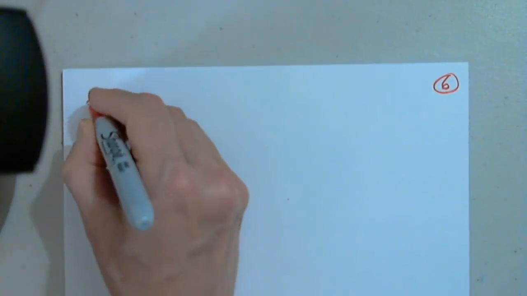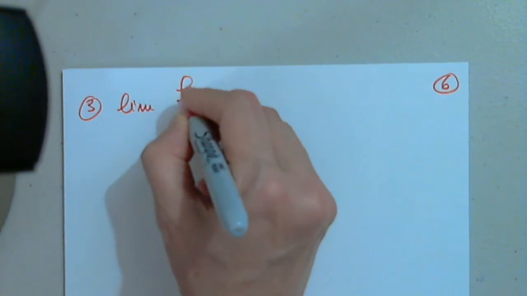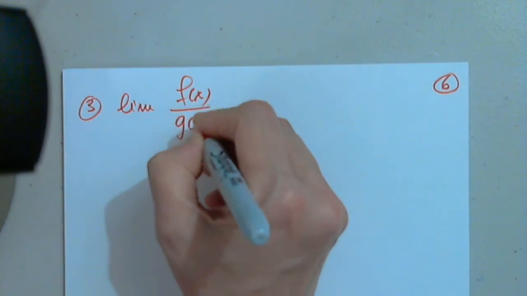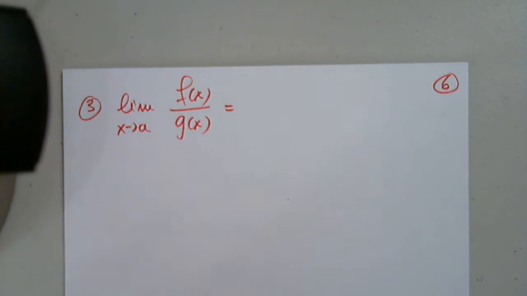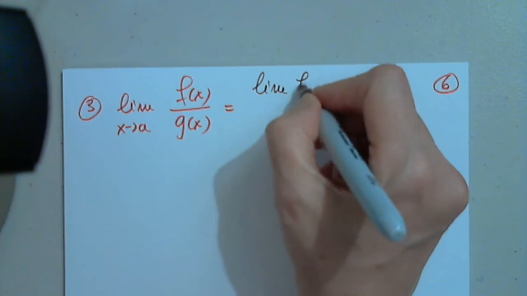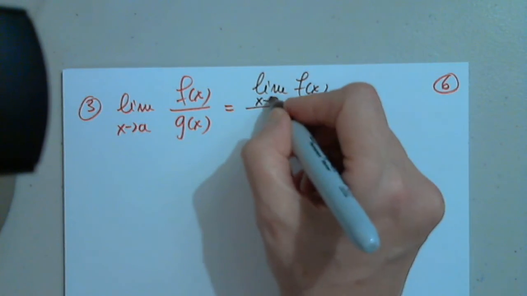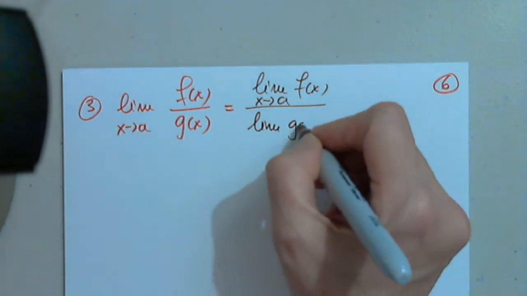Number 3. Limit of f of x over g of x as x approaches a from either side. What do you think? Wild guess. The limit of f of x as x approaches a divided by the limit of g of x as x approaches a.